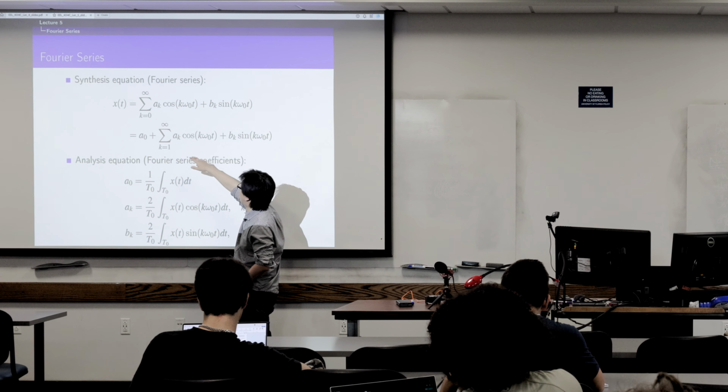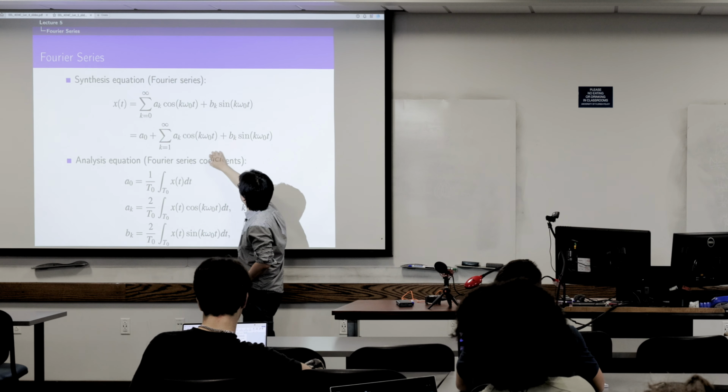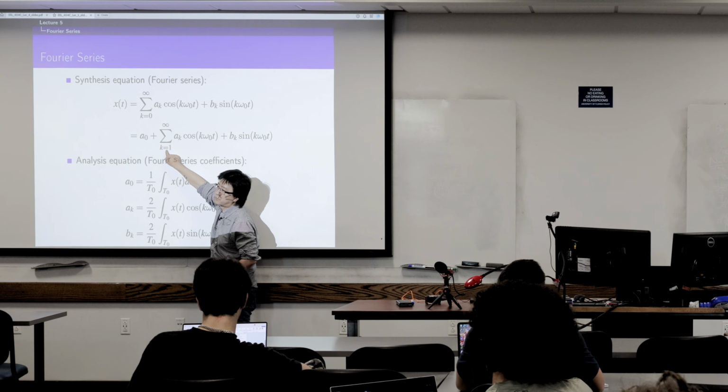Basically, we have a constant here, and then a summation over k, where k is from 1 to infinity. Here we have a_k multiplied by cosine and b_k multiplied by sine. The important thing here is that k is the variable for the summation.